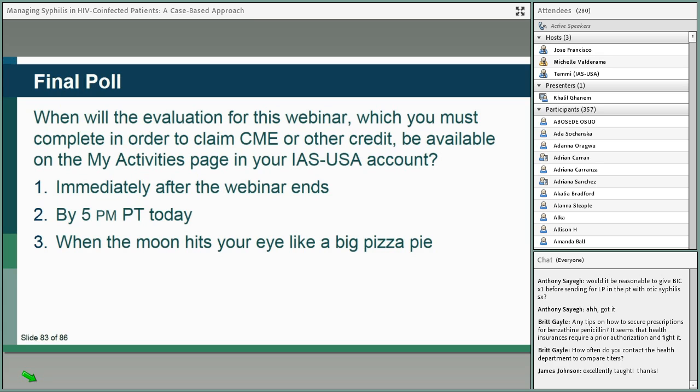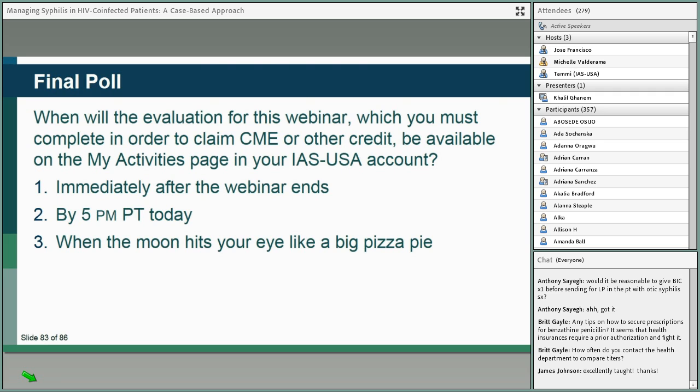So I don't think it would make a CSF negative in somebody who truly has neurosyphilis if the CSF is done within the next day or 2, 3. So that's my best answer, but I'm not aware of any data that have looked at that. So just FYI, this is my best answer.